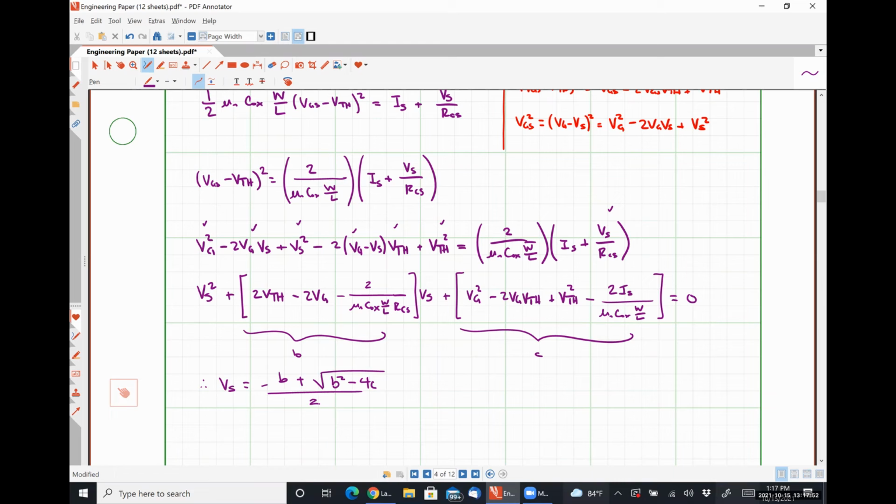And I am also saying that I expect my source voltage. Actually, I'm going to be on the safe side and put a minus here. I said plus originally, but I think that the source voltage could technically go negative and still make this guy work and stay in saturation.